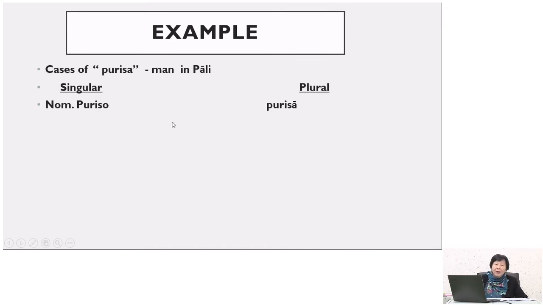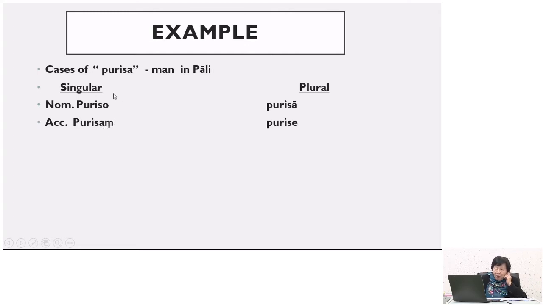Please check whether I'm correct or not. The second case is accusative. It means the object: if you put purisa, which means man, as the object in the sentence, you have to use this form. You see?